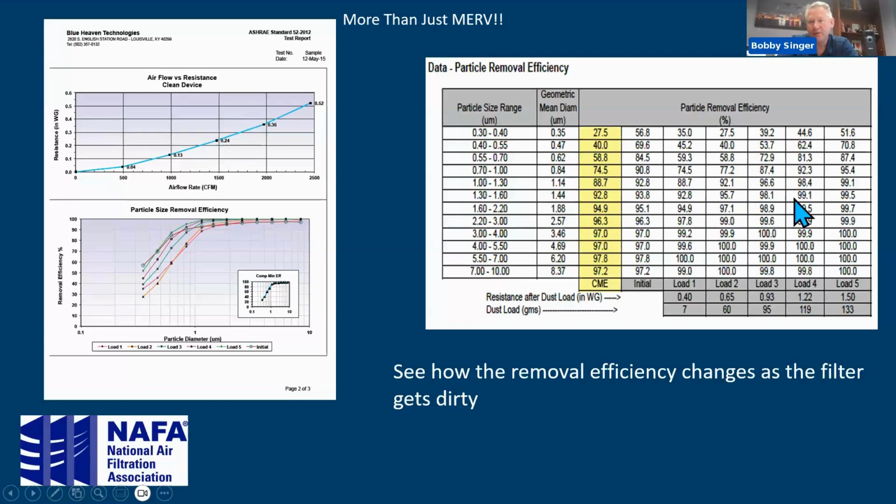So that minimum efficiency is going to come over into this column here. These are the numbers that determine the MERV rating. We're averaging these 4 for E1, these 4 for E2, and these 4 for E3. So it truly is the minimum efficiency from this test.